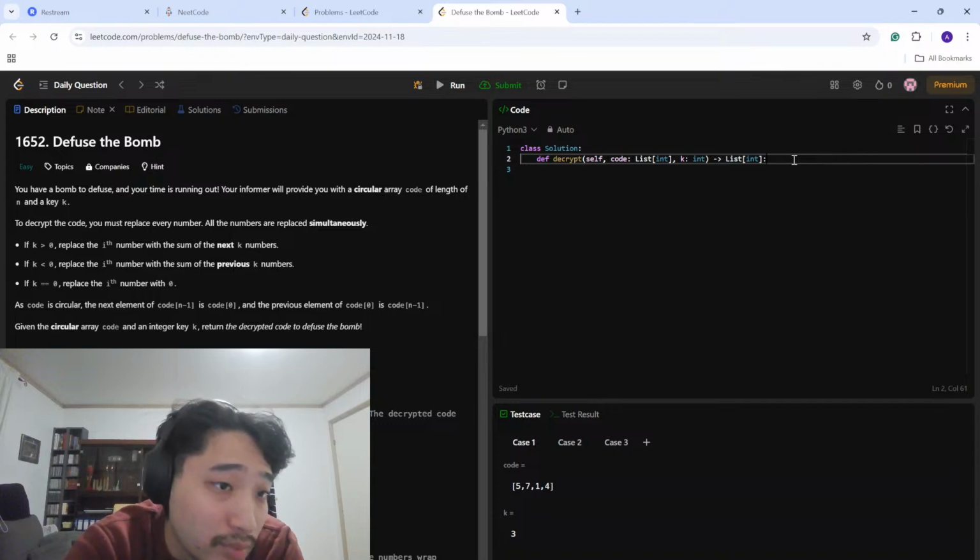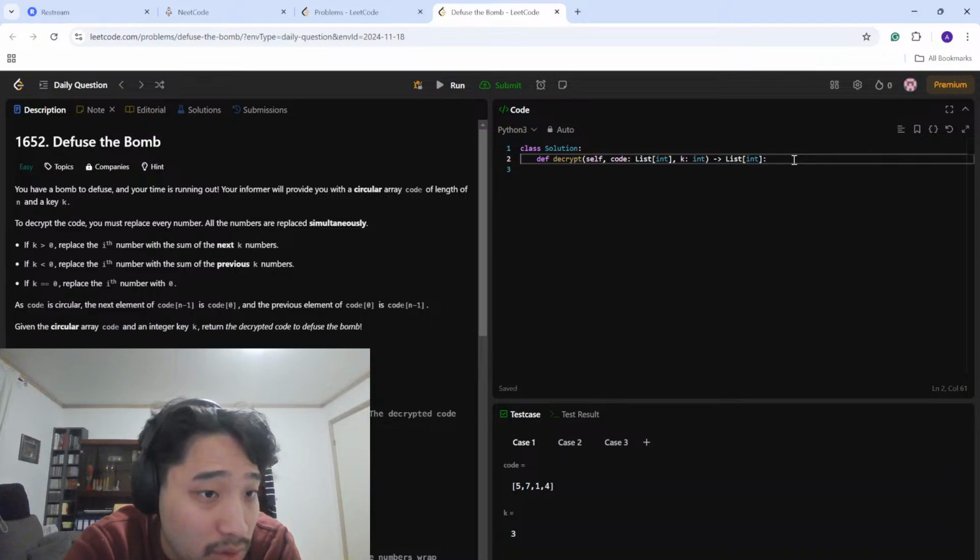Replace if number... Okay, yeah. Previous k numbers. Okay, it's circular.